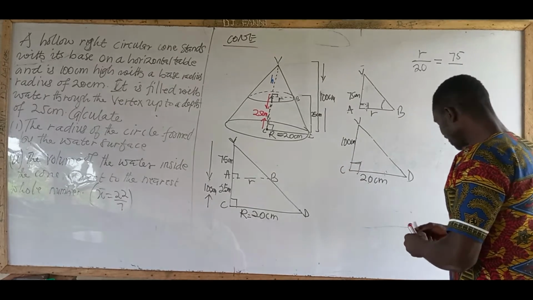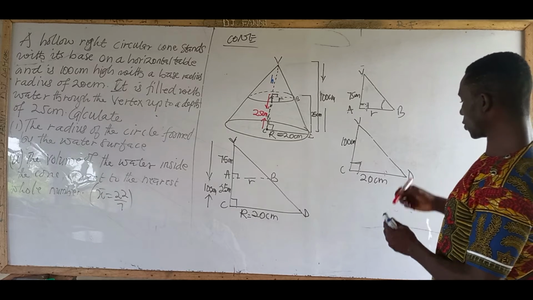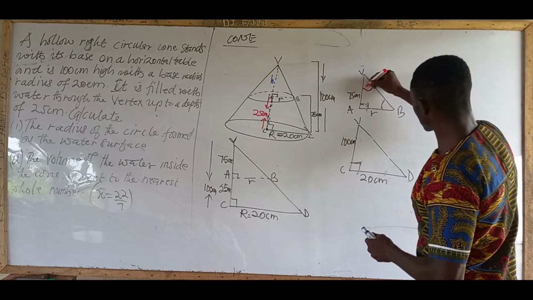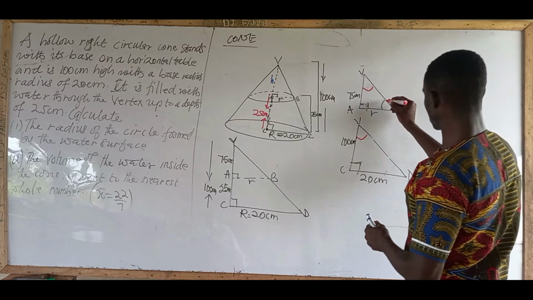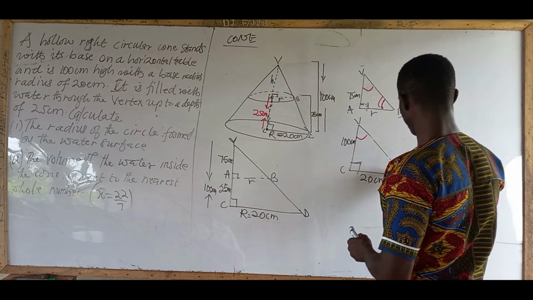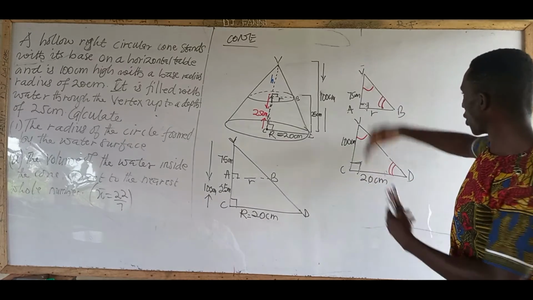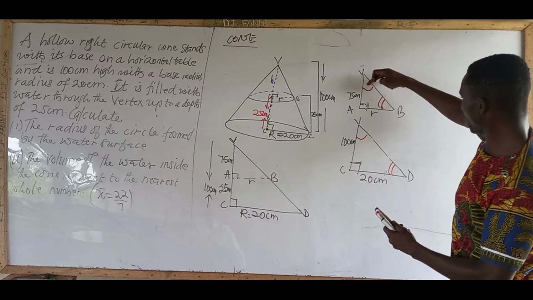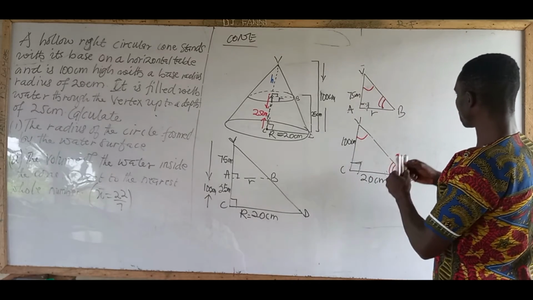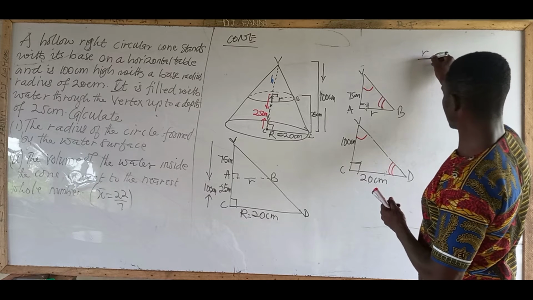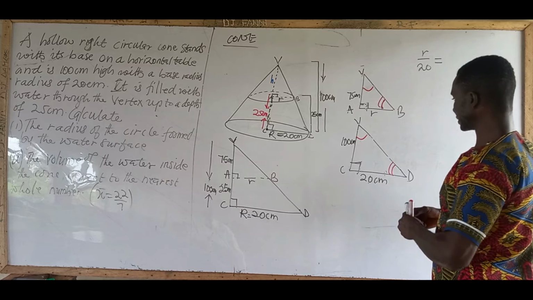Let me tell you why I did that. This one is equal to this side. This side is equal to this side. So the sides that are equal, the opposite sides. You see this one, the opposite side is this. This one, the opposite side is this. So it should be R over 20 is equal to their corresponding sides.